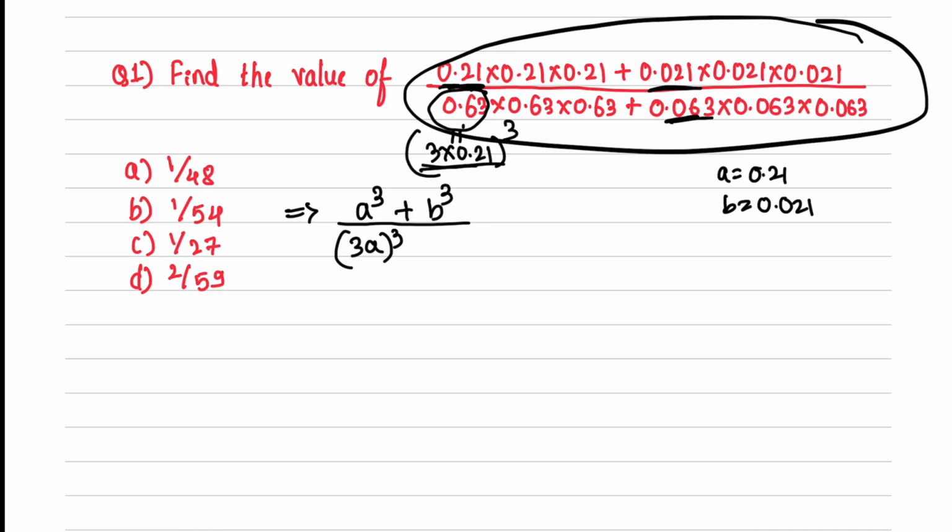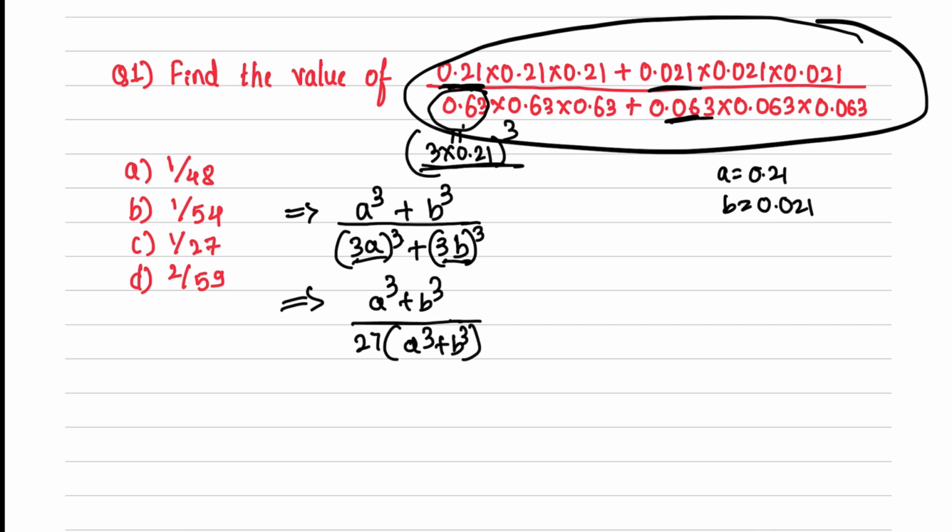So this one I have written as 3A whole cube, and likewise 3B whole cube, and you will get A cube plus B cube by, see, 3 whole cube means here 27 A cube will come, here 27 B cube will come, and you take 27 out of A cube plus B cube, and if you cancel these both, the answer you will get is 1 by 27, which is option C, the right answer.